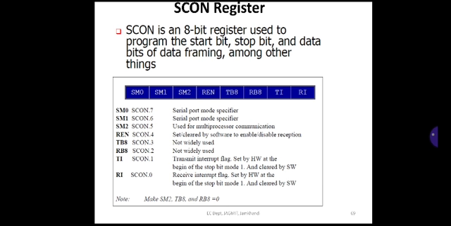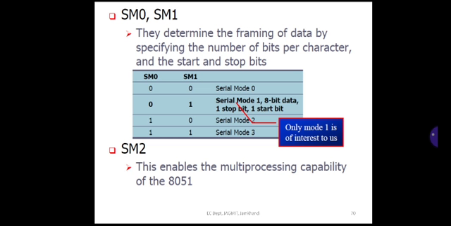So we are interested here in the SM0, SM1, REN, TI and RI bits. This SCON register is the serial port control register and it is bit addressable, remember it. We will discuss how to use the bits within the SCON register.